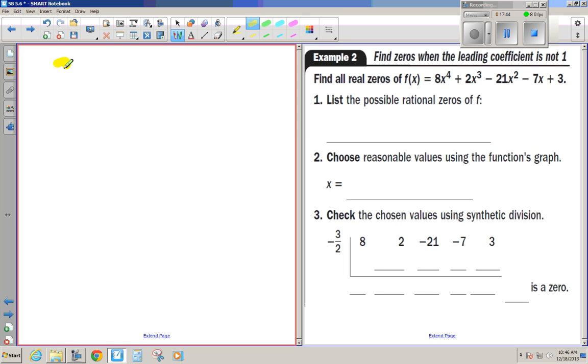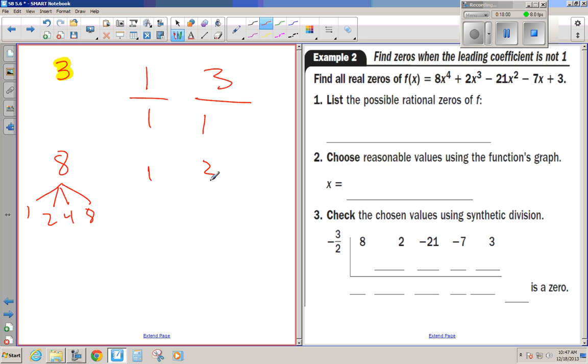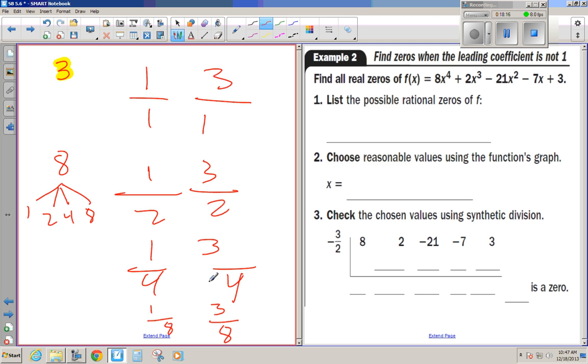When you have the 3 and the 8, well, the factors of 3 are 1, 3. But they have to be divided by the factors of 8: 1, 2, 4, 8. So you have all of those.